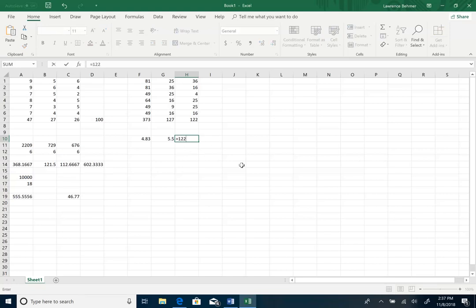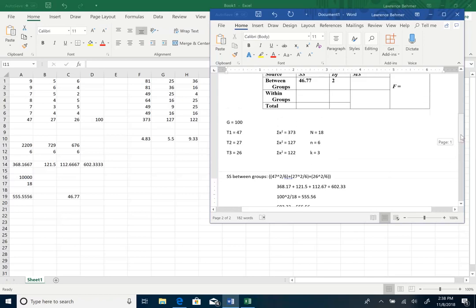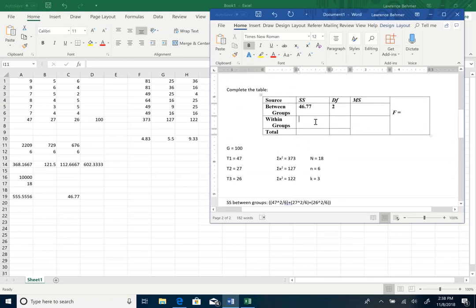Sigma x squared minus 112.67. And now all we need to do is sum these up. All right, we get 19.66. We can put that in our table.